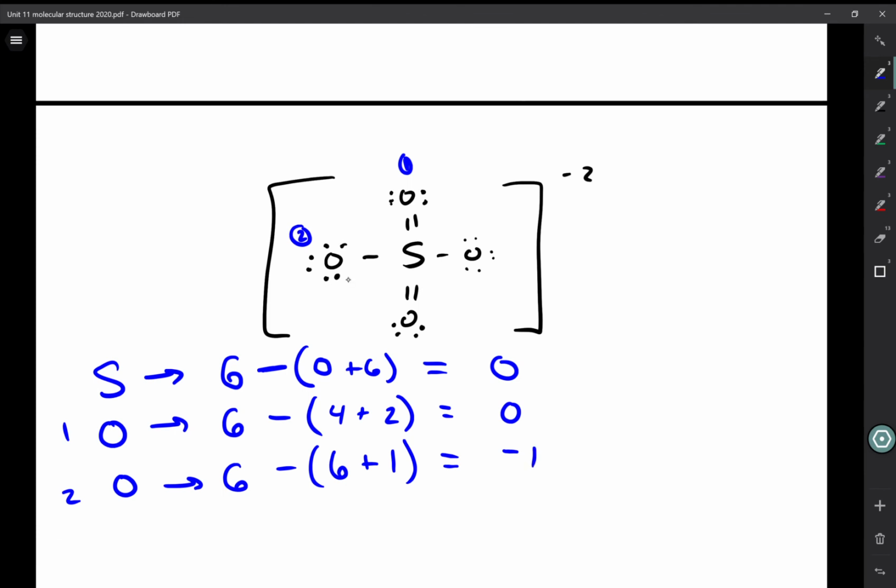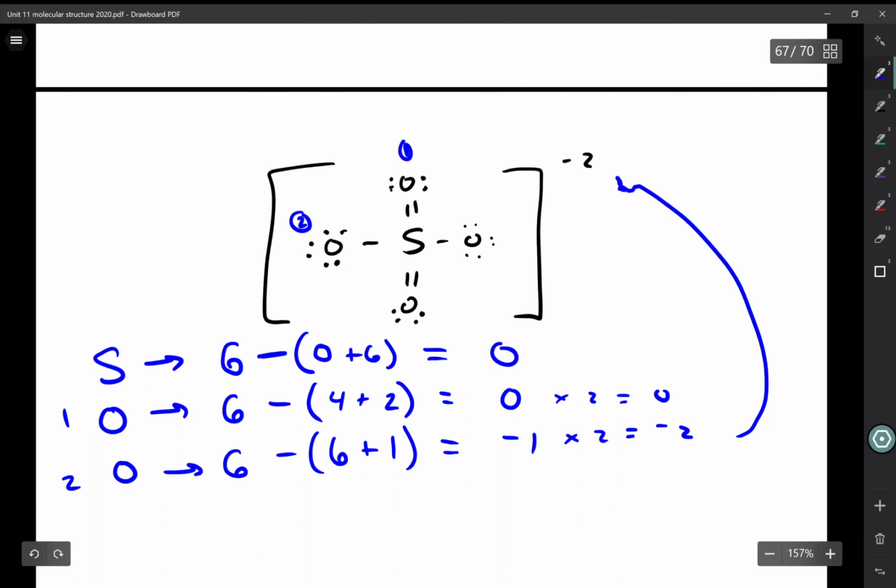So now, if you look at this, sulfur has an overall charge of 0. 0 times 2 for your 2 oxygens, 0. -1 times 2, -2. Okay, so it still matches that.